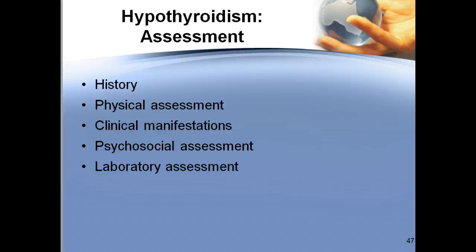As a result, the first thing that you want to do, of course, like we do everything, is get a history and a physical. A decrease in thyroid hormones usually results in a person being almost like the opposite of somebody with hyperthyroidism.